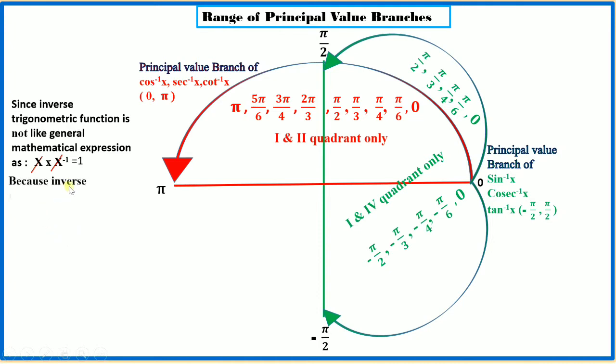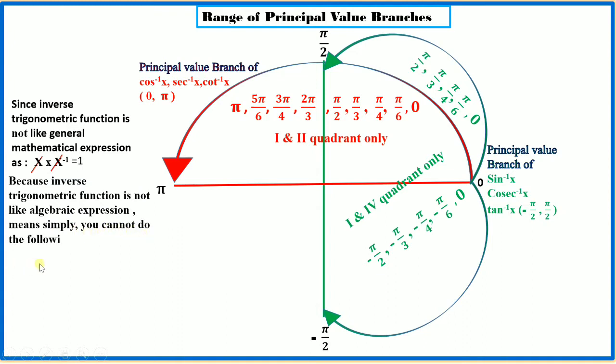Because an inverse trigonometric function is not like an algebraic expression, simply you cannot do the following. You cannot do that directly. For example, we have sine inverse into sine 2 pi by 3.